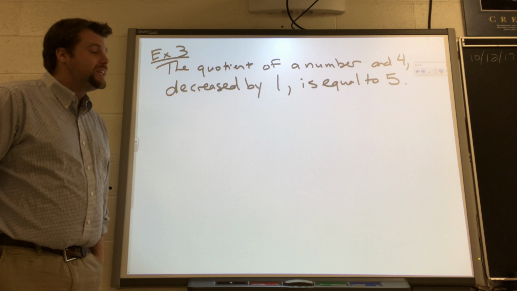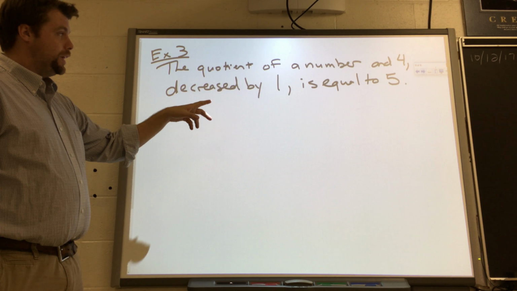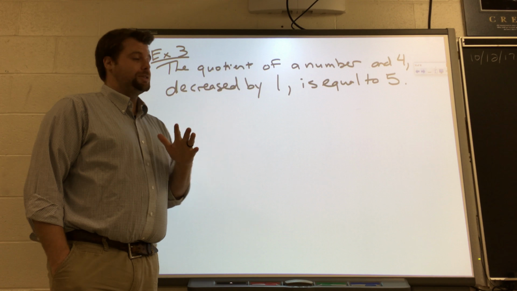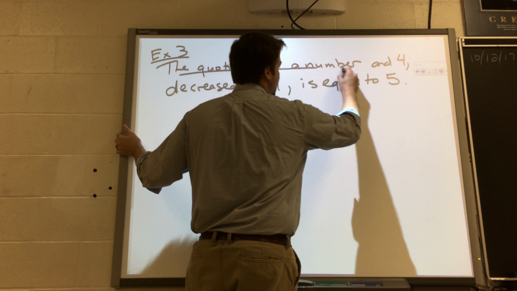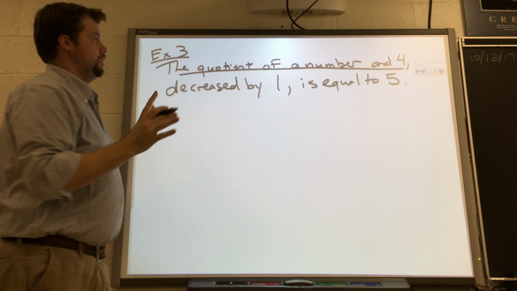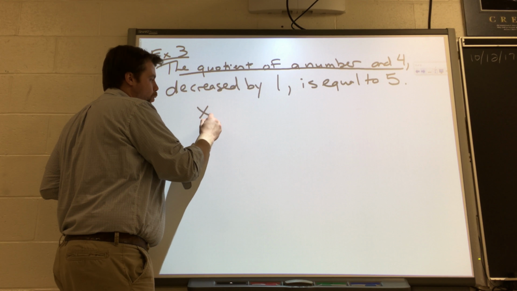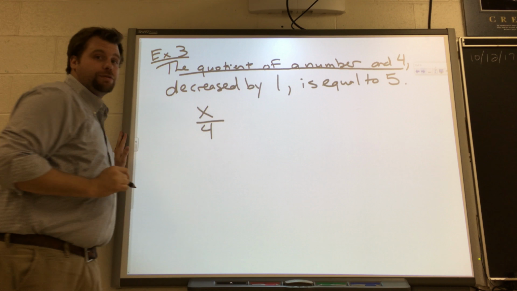Okay, example number 3. The quotient of a number and 4 decreased by 1 is equal to 5. Okay, so there's a lot going on here, so let's break it down. First of all, the quotient of a number and 4. Quotient refers to division. A number, x. The quotient of a number and 4, we would normally write that as x divided by 4, but I'll write it as a fraction.